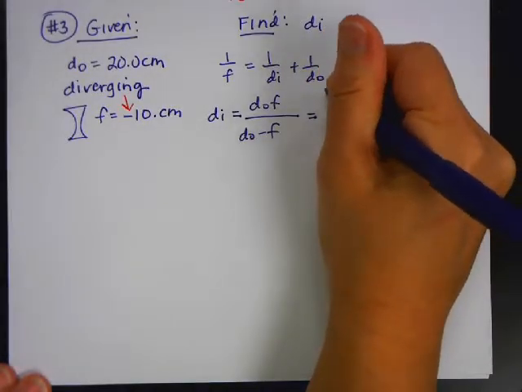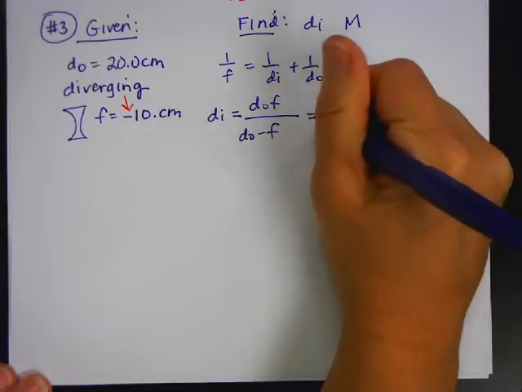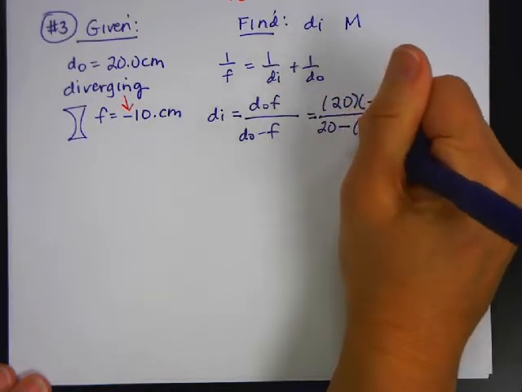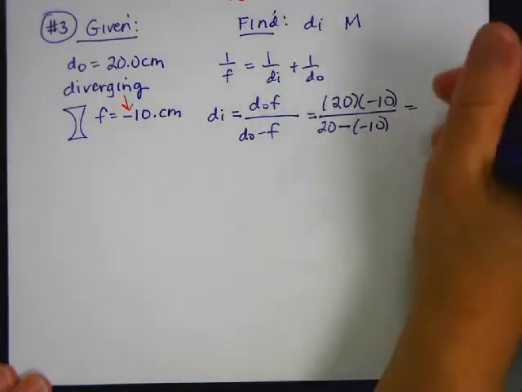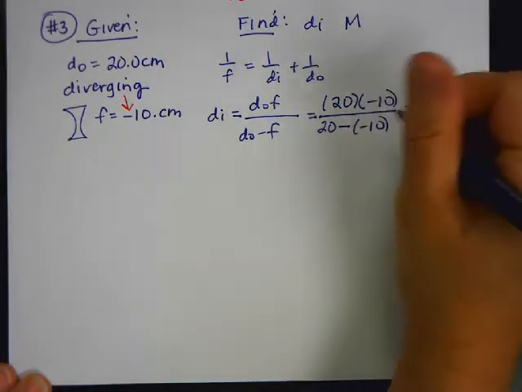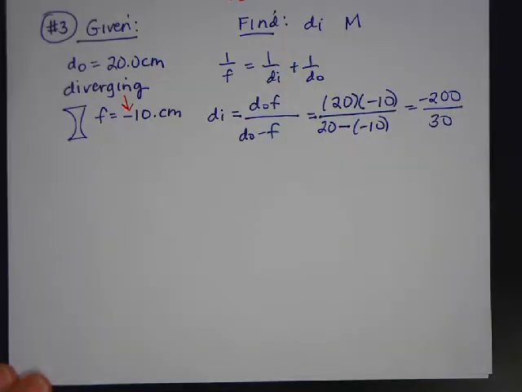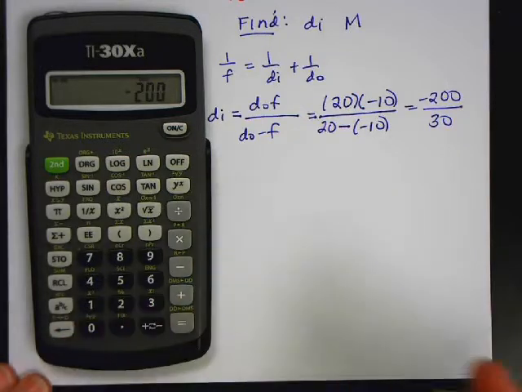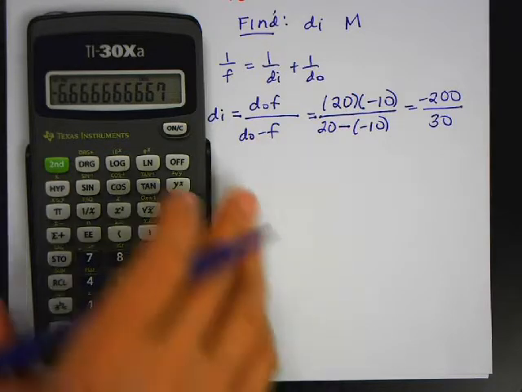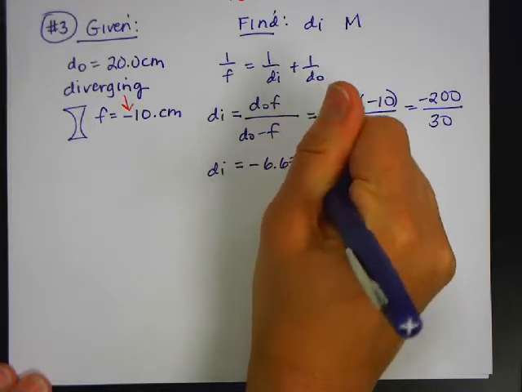So I'm going to have 20 times negative 10 over 20 minus negative 10. 20 times negative 10 is negative 200, and then 20 plus 10 is 30. So now I can take my calculator and say negative 200 divided by 30, and I see that di is equal to negative 6.67 centimeters.